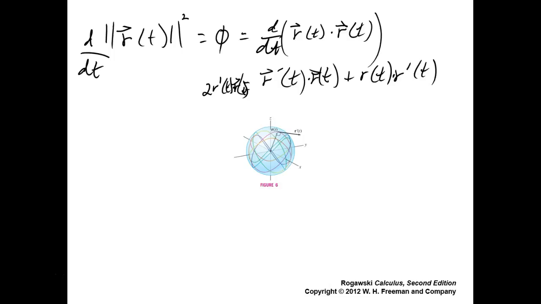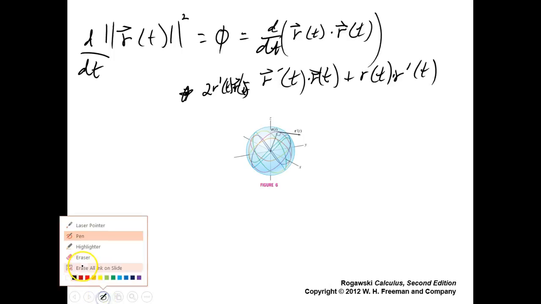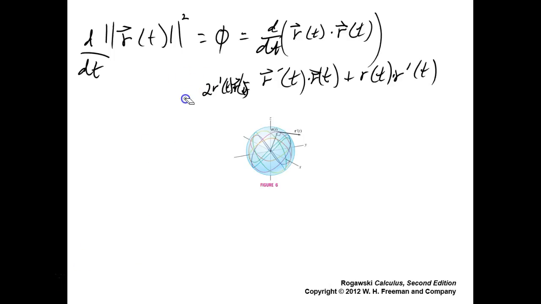I'm going to spread that out a little bit to make it easier to read. So, 2 times r of t dotted with r prime of t, and that's equal to 0.